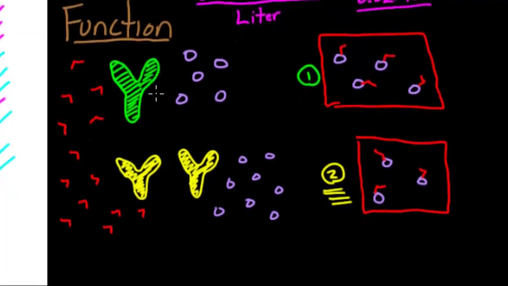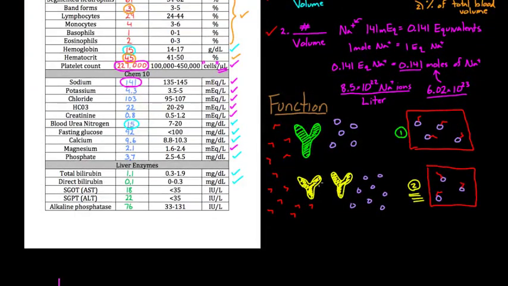So actually, let me make a little bit of space here. So function really alludes to hormone or enzyme activity. And in this case, person 1 would actually have a higher number because they have more enzyme activity. And so all three of these at the bottom are examples of looking at activity.